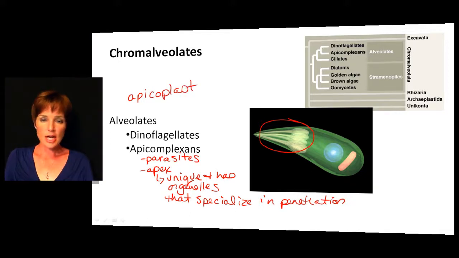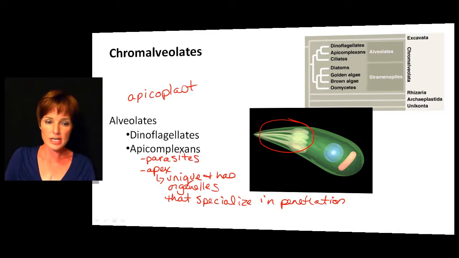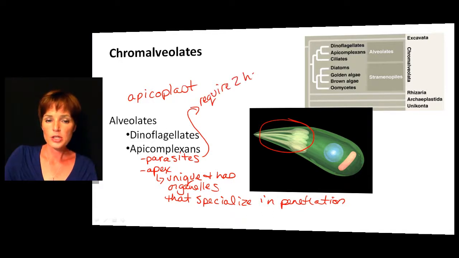They many times have unique life cycles such that they're parasites, but these parasites might require two hosts. We're going to look at one in just a moment, the one that causes malaria, and it can't just survive in humans, and it can't just survive in mosquitoes. It has to complete the full life cycle using both host organisms.